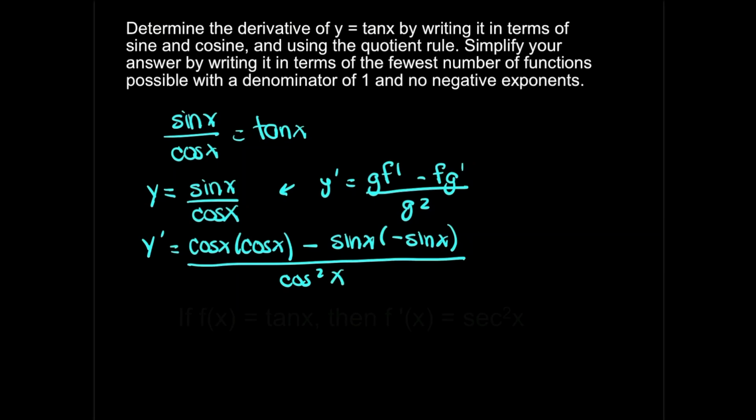So now we're going to simplify this. So cos x times cos x becomes cos squared x, and sine x times negative sine x, so negative sine x times negative sine x, becomes positive sine squared x, and the bottom stays the same.